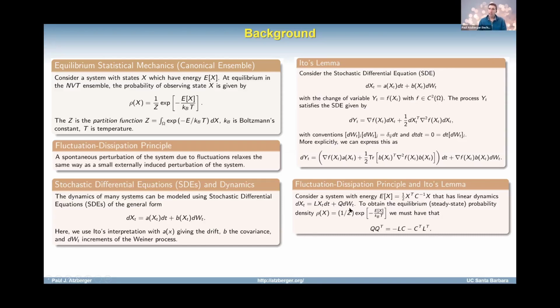And if I have a linear stochastic model, as I'm showing here, with dissipative operator L, but I don't know how I should stochastically force this system, it turns out that I can essentially use the Ito lemma to determine that.